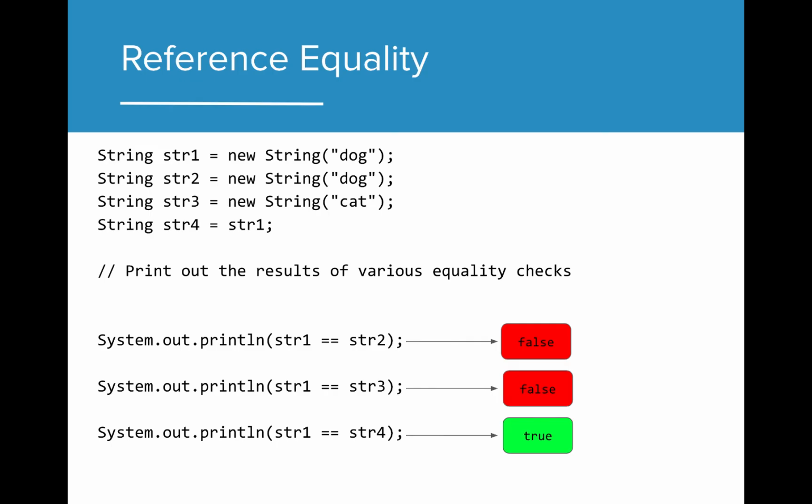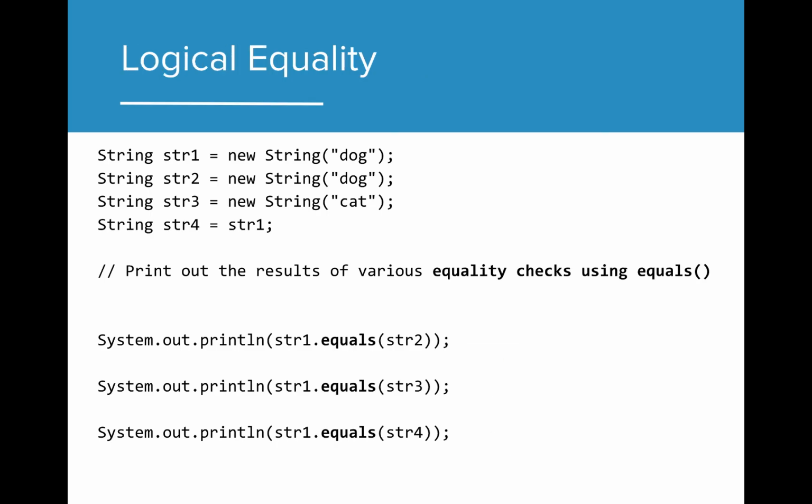The first prints false because string 1 and string 2 are referencing different string objects of dog. The second is false because the string values are different, and because they reference different string objects. The third prints true because string 1 and string 4 are aliases of one another. They reference the same string object and thus will result in true.